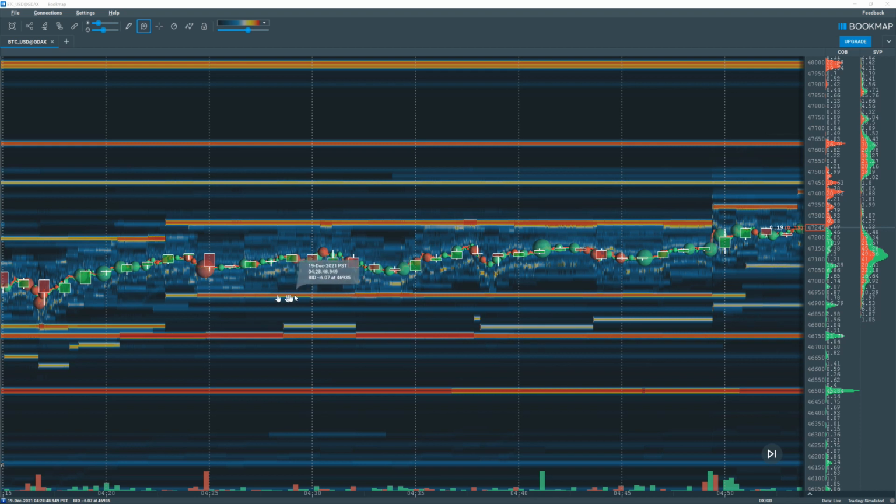Like here's one that I'm tracing my mouse along. It's orange and red, and there's some white in there, and it's been there for quite some time. You can see that before around 4:25 or 4:23, it wasn't even there. Actually, it was lower. So what these buy walls are designed to do, if they're spoofing buy walls, fake ones, is push the price up, which is opposite of these sell walls.